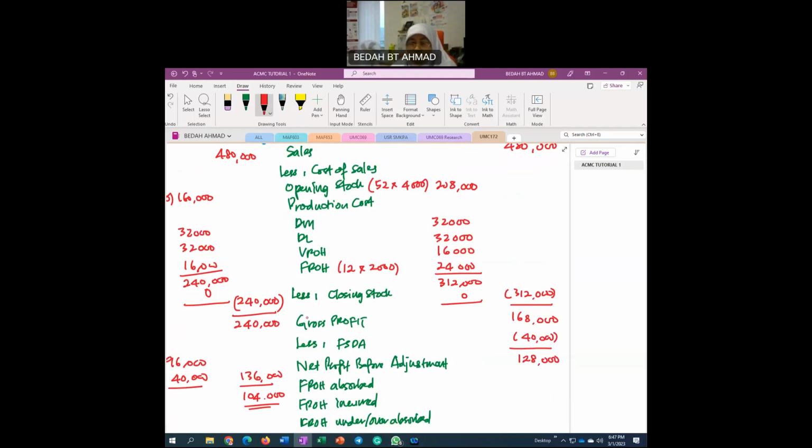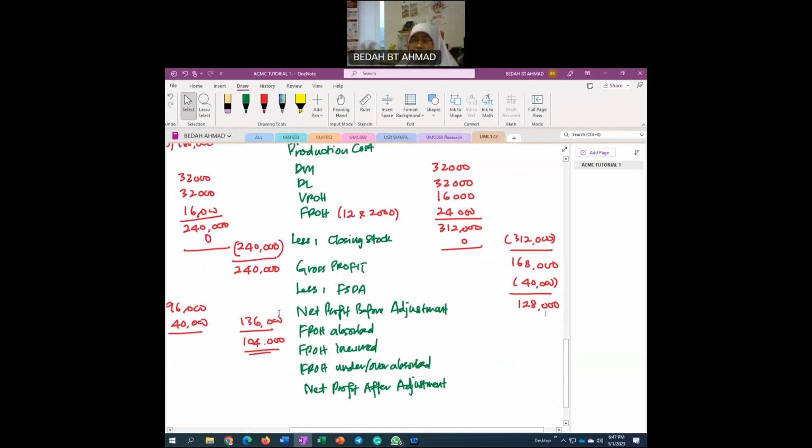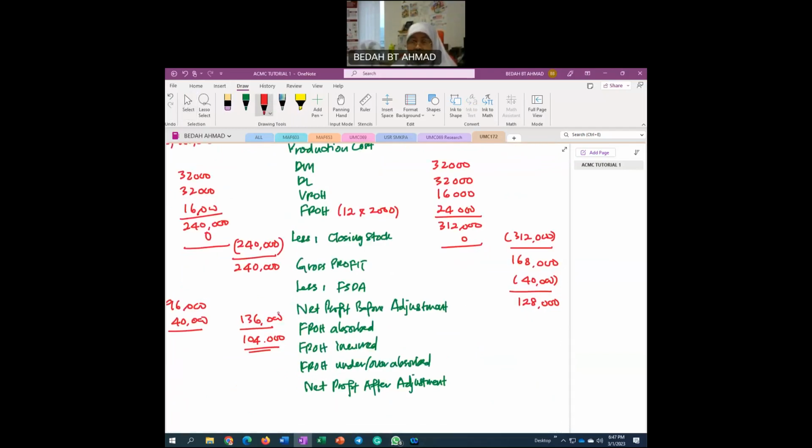So this 128,000 you need to adjust for the fixed production overhead over or under absorbed. So the fixed production overhead absorbed, which is as per AC, and incurred as per MC. So as per AC here is 24,000. As per MC here we calculate as 96,000.